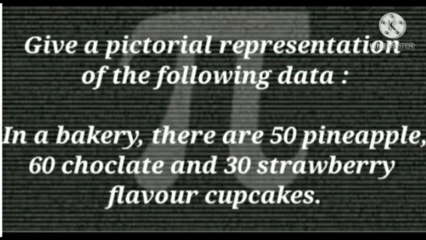Give a pictorial presentation of the following data. In a bakery there are 50 pineapple, 60 chocolate and 30 strawberry flavor cupcakes. Now students, we are going to draw a table and arrange and show it in the form of pictures.